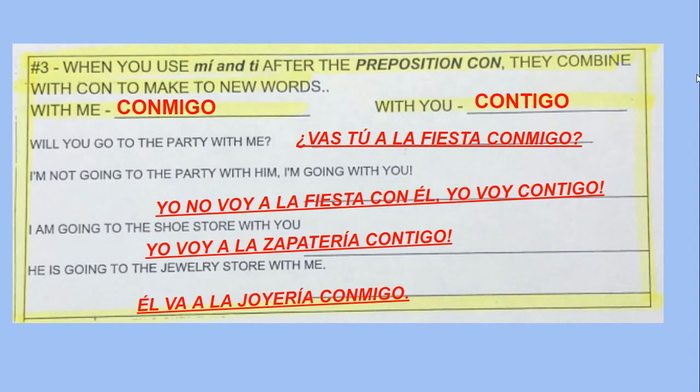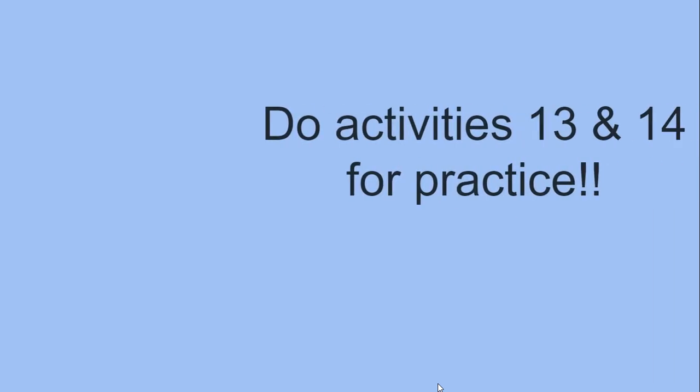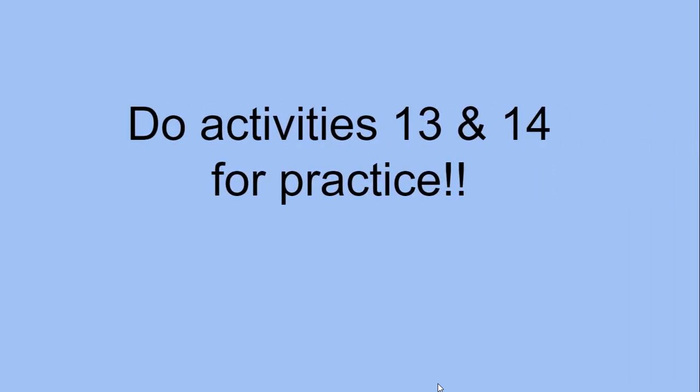So we have 2 things we can review here. We have the verb to go, which is voy, vas, va, vamos, van. That starts each one of these sentences. We have the places we're going in the middle. And then the last is adding with whom we're going to go. So con él, contigo, conmigo. All right, we're going to practice with activities 13 and 14 and compare our answers.